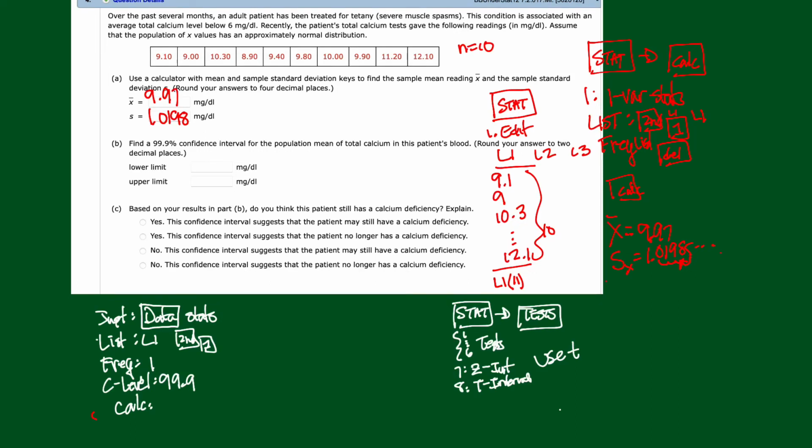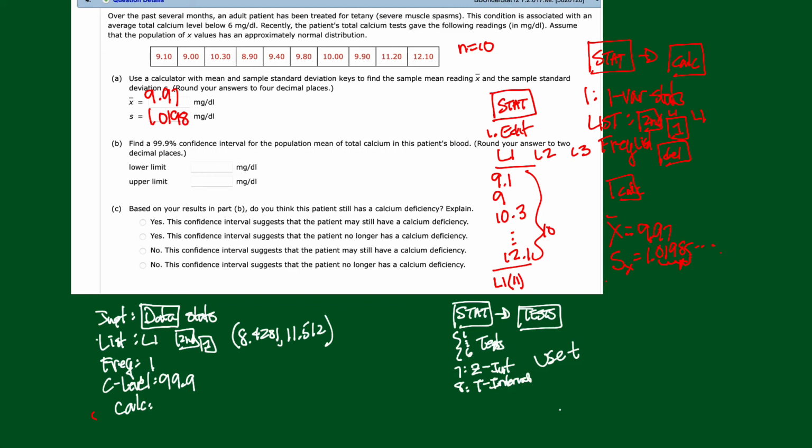It took a while to get it because it's a T distribution, so it's a little more involved than the Z. Here's what I'm getting: 8.4281, and then a comma, and then 11.512. That's my confidence interval.